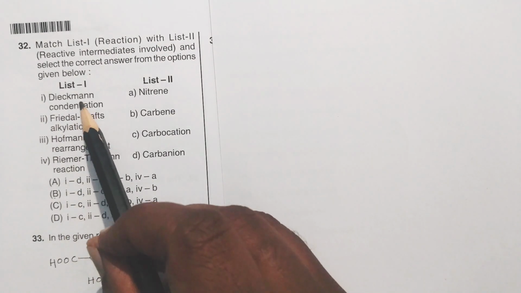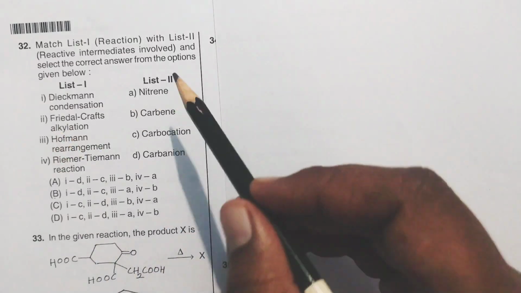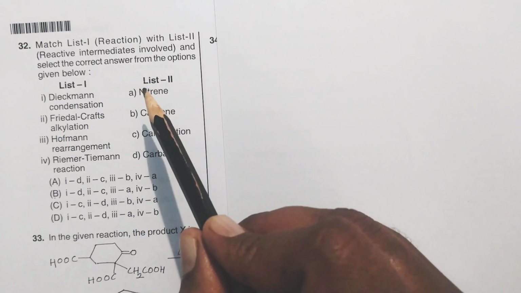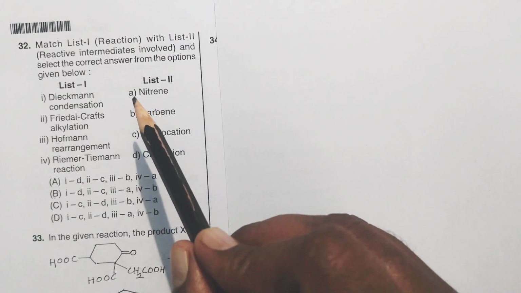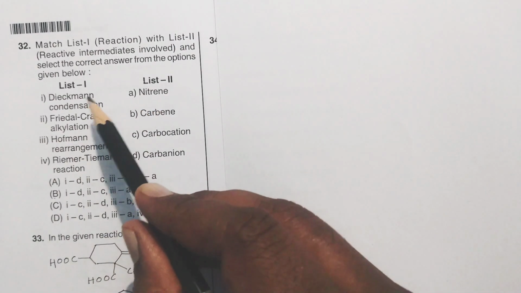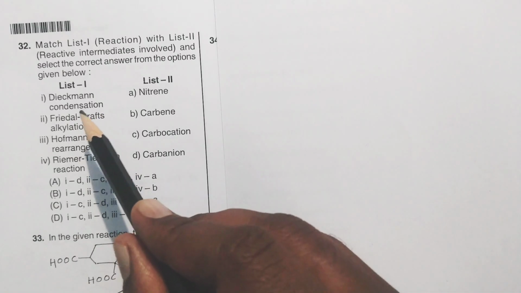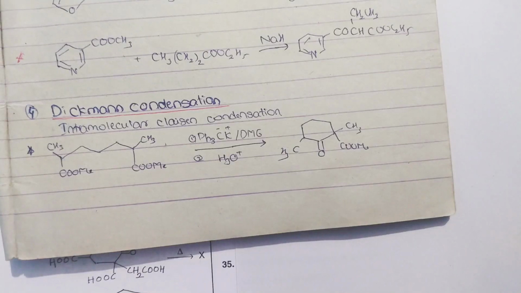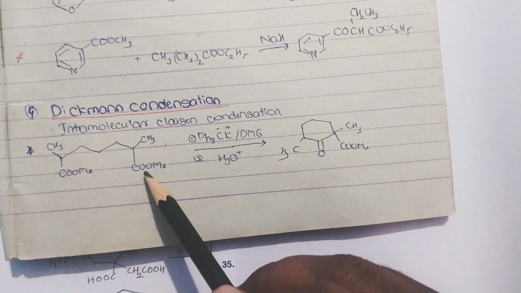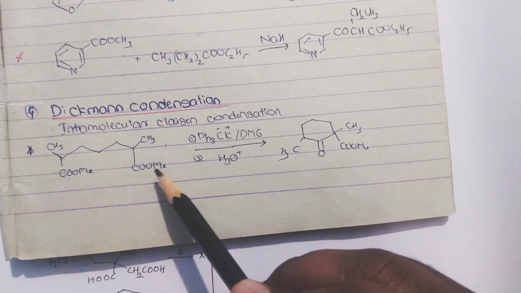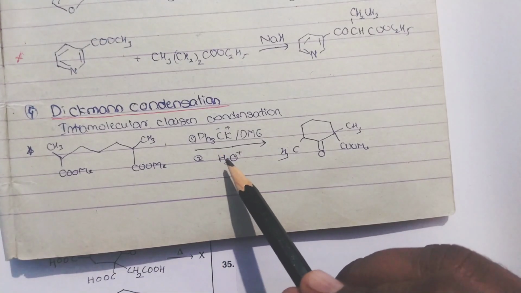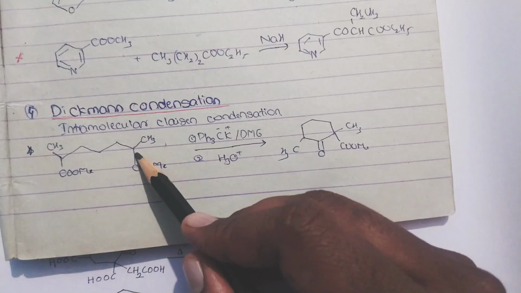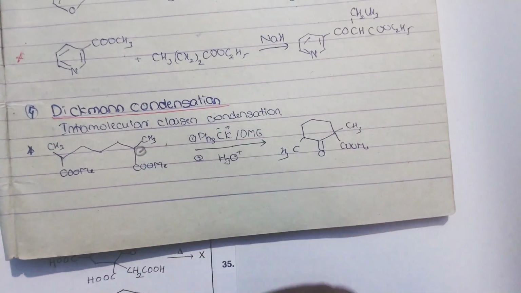Next question is the same type. In list A they have given the named reactions, and in list B they have given intermediates. We have to find out which reaction involves which intermediate. So the Dieckmann condensation is an intramolecular Claisen condensation. For ester-containing molecules in the presence of base, abstraction of a proton takes place, hence carbanion formation takes place.